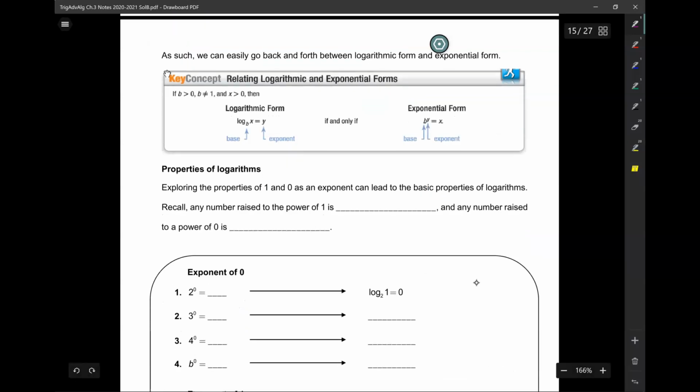So now let's explore a little bit more. Let's explore the properties of 1 and 0 as exponents. You know that an exponent of 1 and an exponent of 0 are always special. Let's start with 1. Remember, any number raised to the power of 1 is the same number.